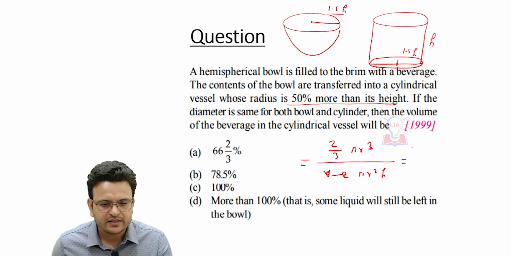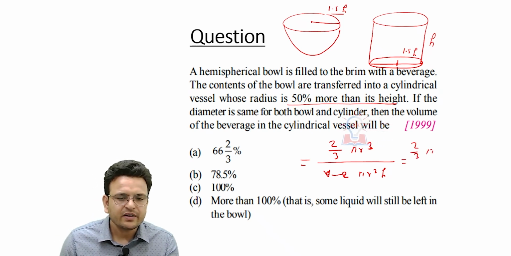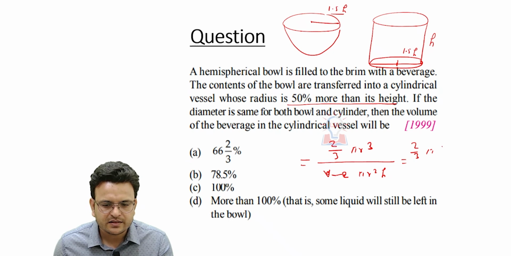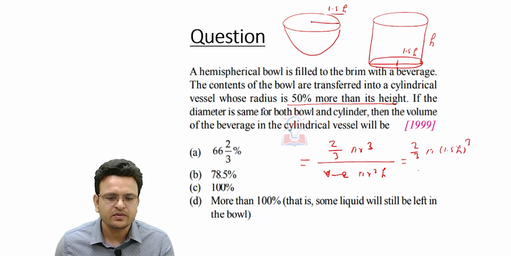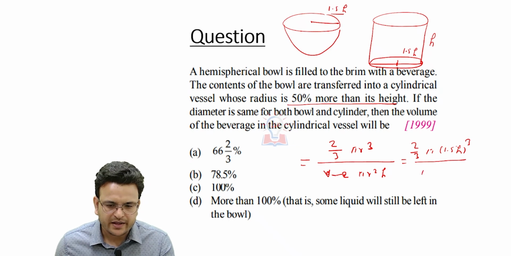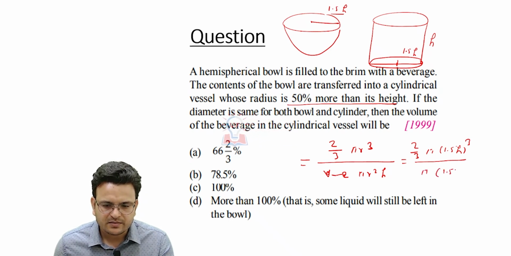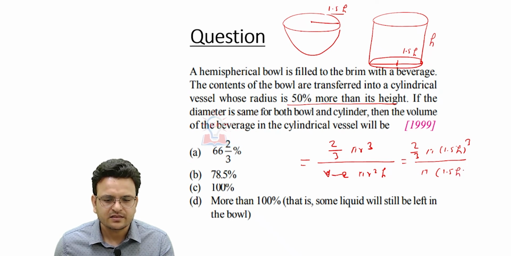It will be 2 upon 3 pi, r will be 1.5 h whole cube. Here pi, r is 1.5 h square into h.